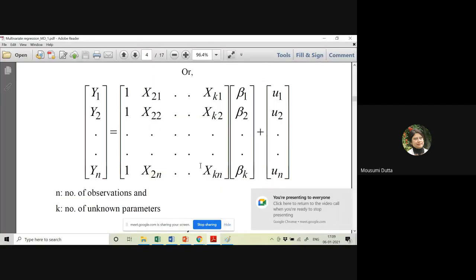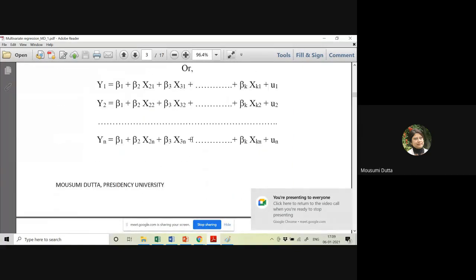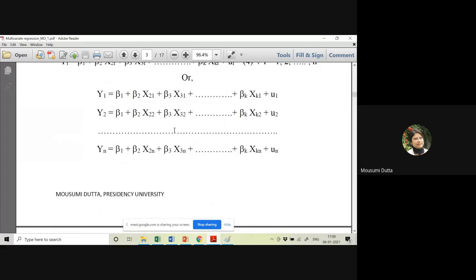Now, to understand the idea better, let's go back to the regression model. N observations means we have n equations in the model, and we have k parameters in the model.